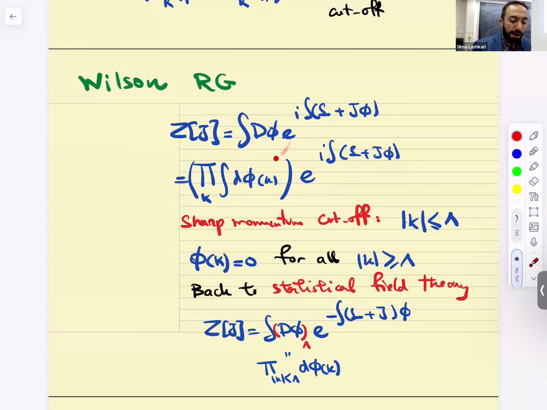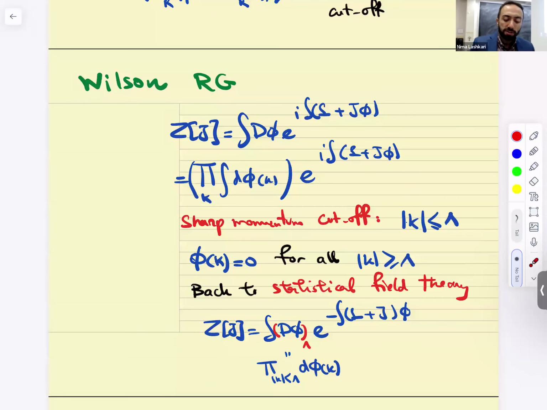So what is this path integral? Well, from perturbation theory, we can Fourier transform this and write it as multiple integrals over phi of k modes. For each momentum mode there corresponds a field, and you're integrating over each of those. And there's an infinite number of them.